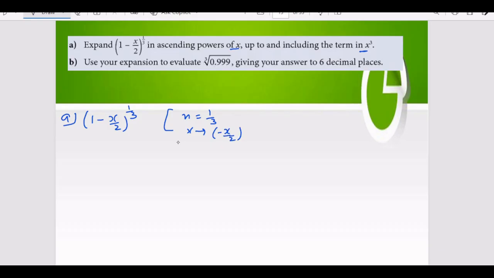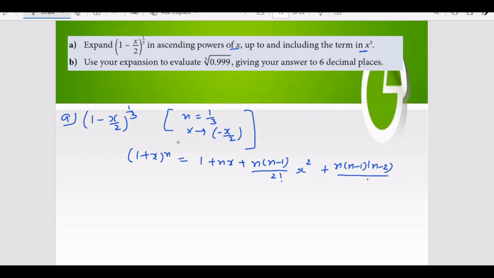If I compare to the formula, we are going to use that expansion again, that we have 1 plus x power n is 1 plus nx plus n into n minus 1. You will be given this in your MF19, the sheet that you will get. n minus 1, n minus 2 over 3 factorial x cubed. So we are writing until x cubed, right?